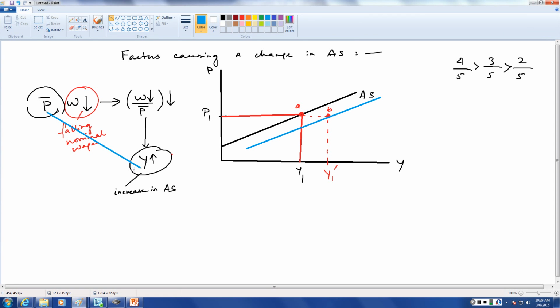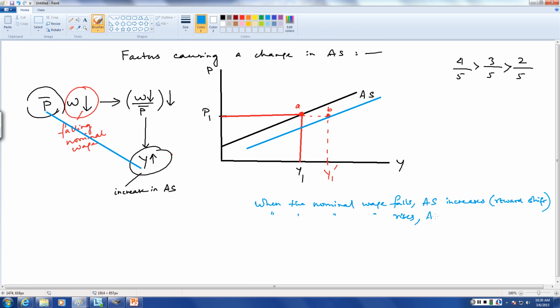So what I have just demonstrated to you is this. When the nominal wage falls, aggregate supply increases, which is a rightward shift. When the nominal wage, on the other hand, rises, which would be the opposite, that will lead to a rise in the real wage, given the price level is constant.